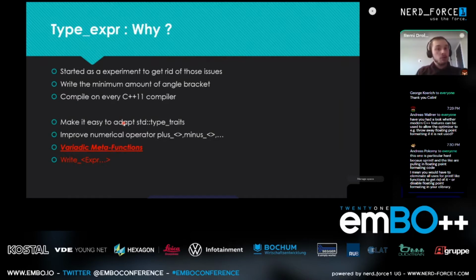I also wanted, as with MP11 and Kvasir, to have a simple way to use the standard type traits library. There were some things I wanted to improve with plus, minus, basically the operators. And this is the big thing: I wanted variadic meta functions.